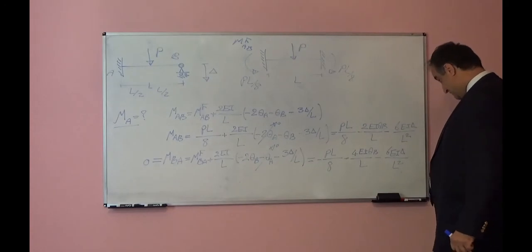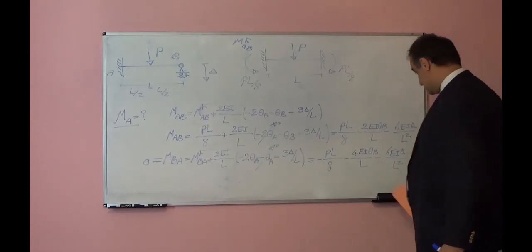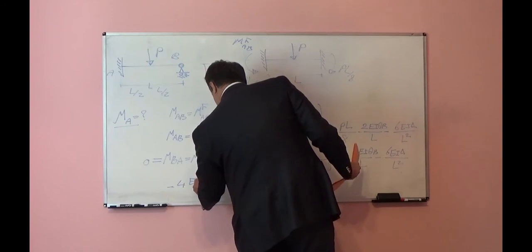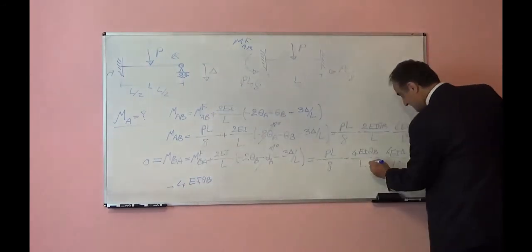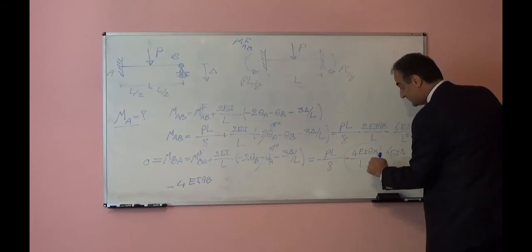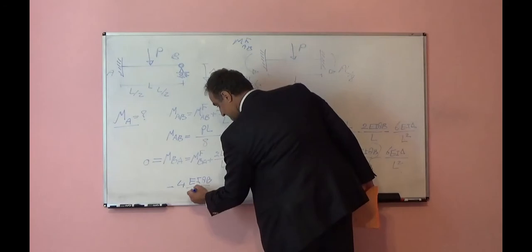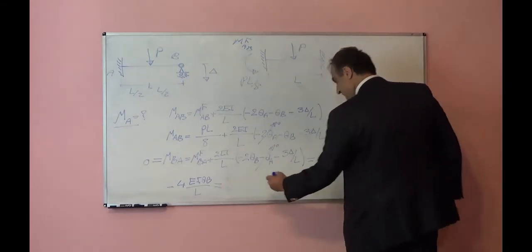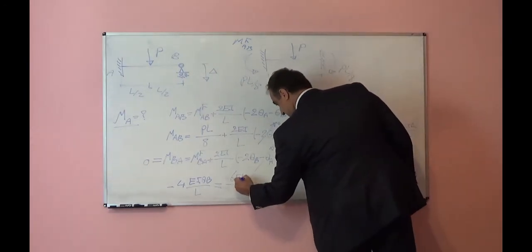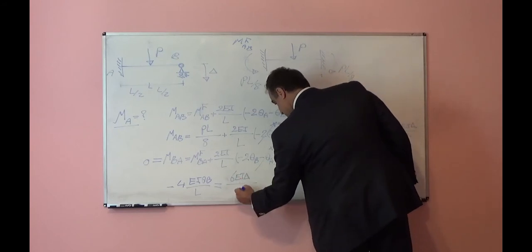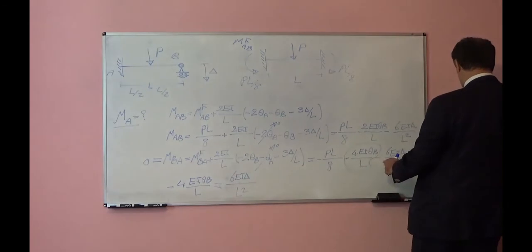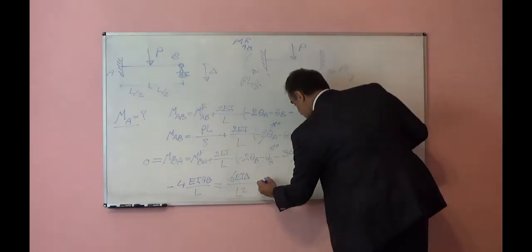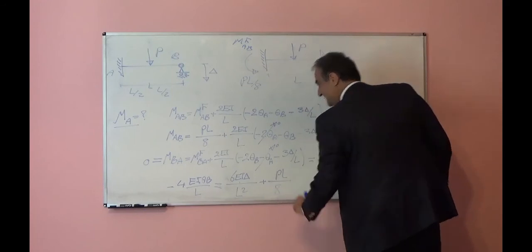If I do that, I can find minus 4EI theta B over L equal to, if I take this to the other side, positive 6EI delta over L squared, because this is negative, it goes to the other side and becomes positive, plus PL over 8.